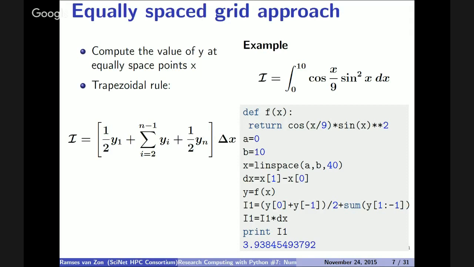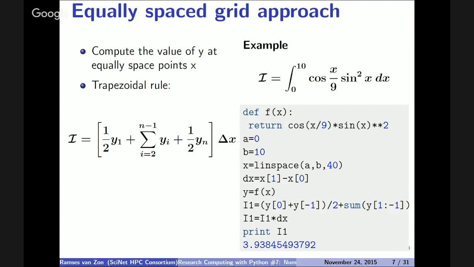So this element-wise stuff, I'm using that here. So this is a whole array operation, and then I'm going to evaluate this function by saying, okay, I take the sum of all of the values except for the endpoints. The endpoints have to have a factor of 2 according to the formula, and I have to multiply the whole thing by dx, and that gives me the result.